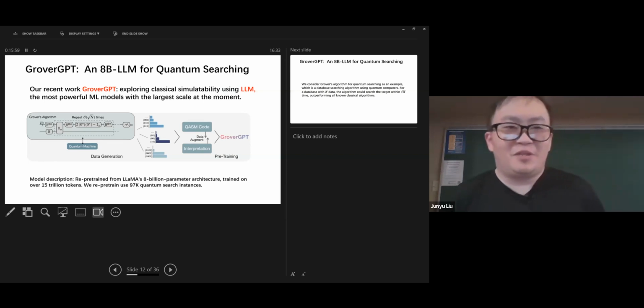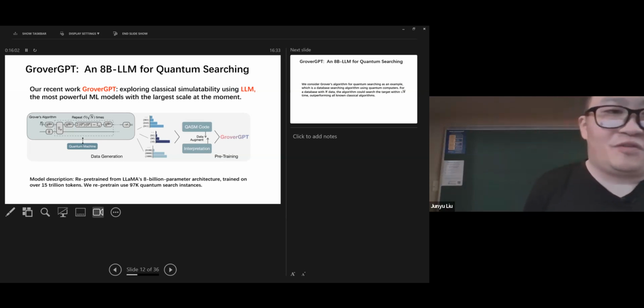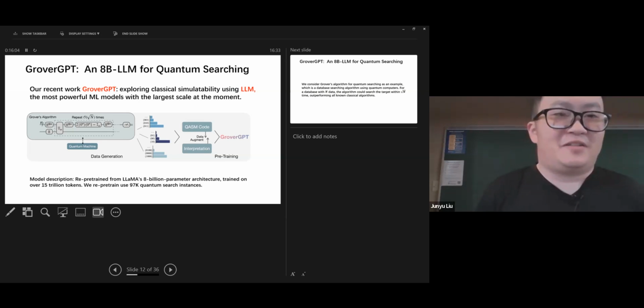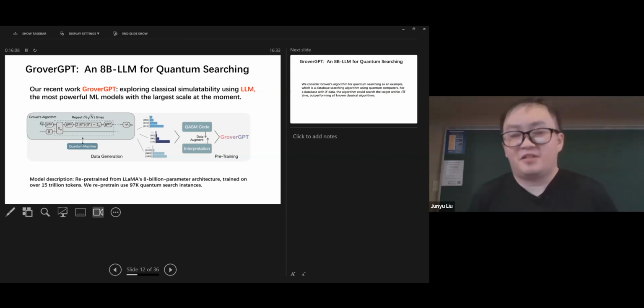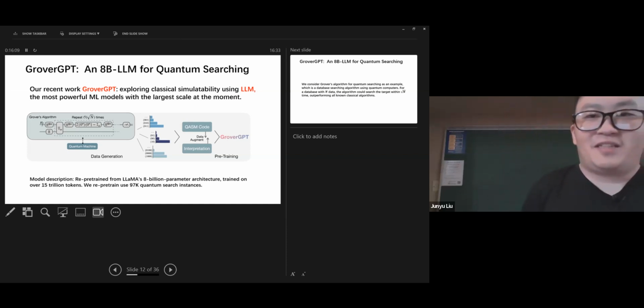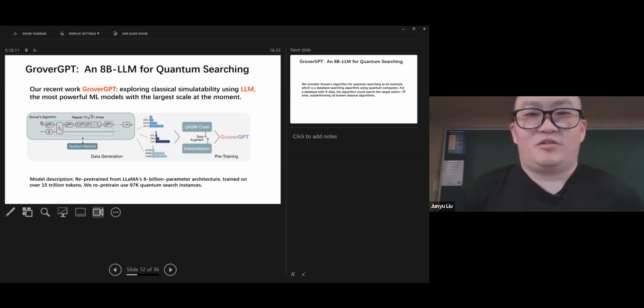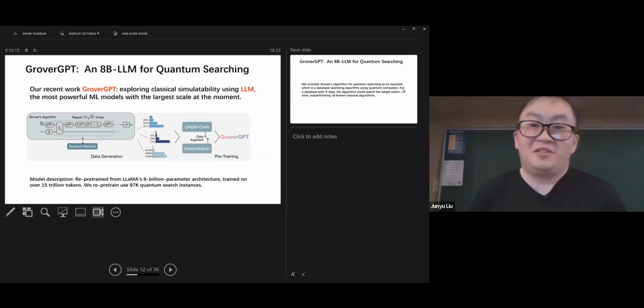And the reason that we believe that maybe LLM is useful is because LLM is one of the most powerful machine learning models with the largest scale at the moment. And people have lots of experience on training that has been accumulated recently.